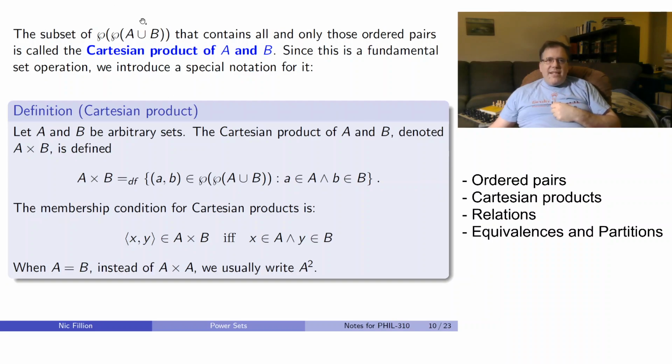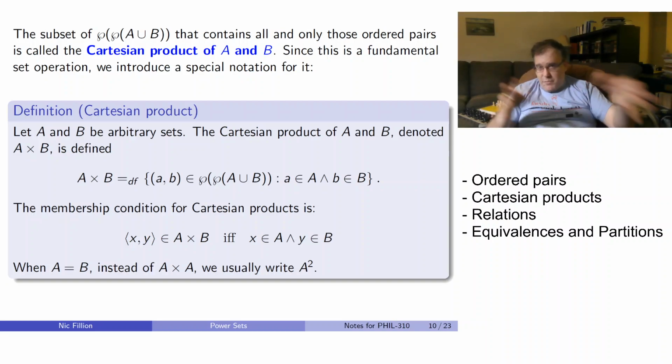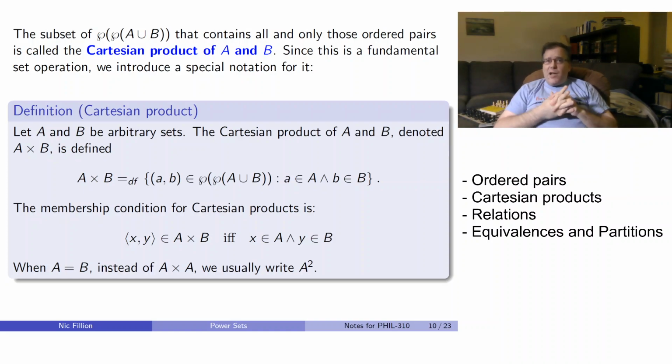Okay, now this set will contain, as we saw, all the ordered pairs whose first member is in A and second member is in B. But it might contain all sorts of other things. In fact, if you were taking a simple example and writing it out explicitly, you would find that there's a bunch of things there that are not even ordered pairs. Okay?